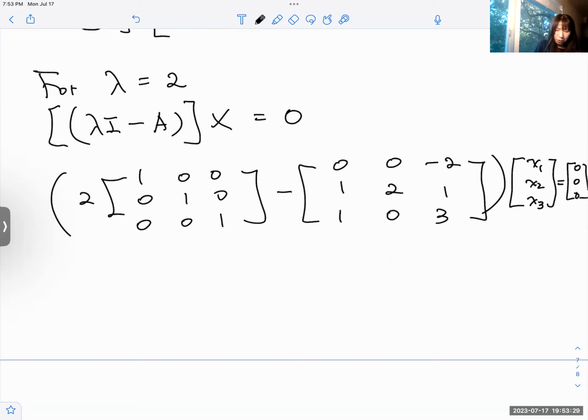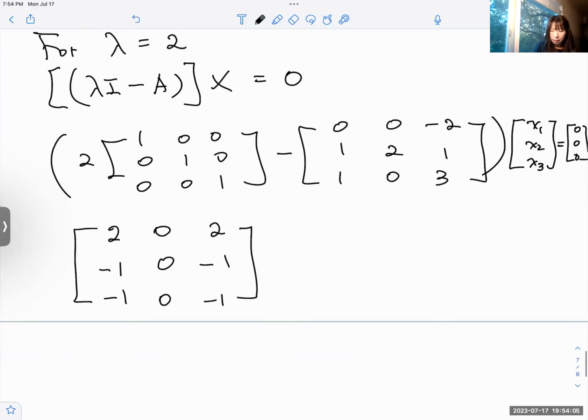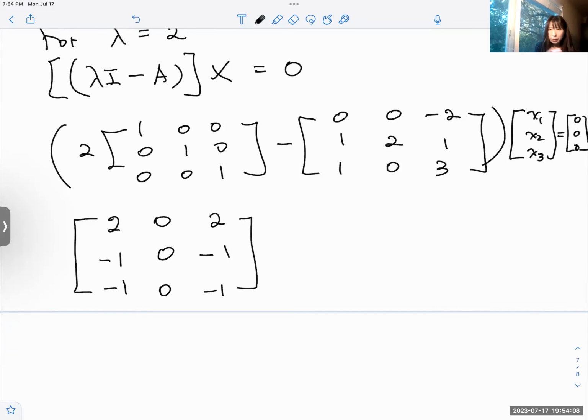Okay, now let us do that. I'm going to do one step, so please correct me. We will get 2, 0, positive 2, minus 1, 2, 0, negative 1, negative 1, 0, and negative 1. Please correct me if I make a mistake. Okay, thank you very much.